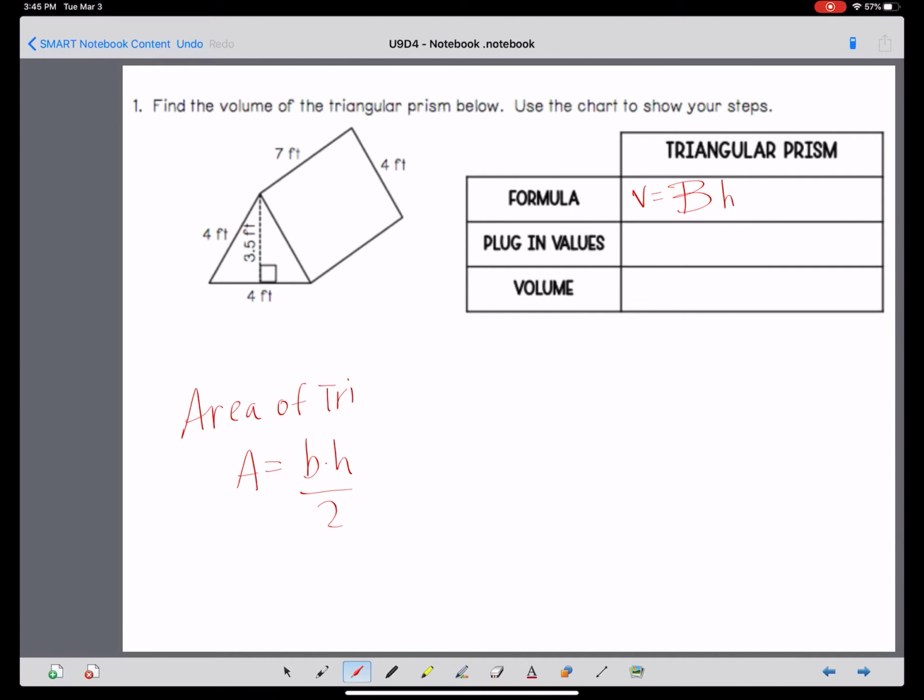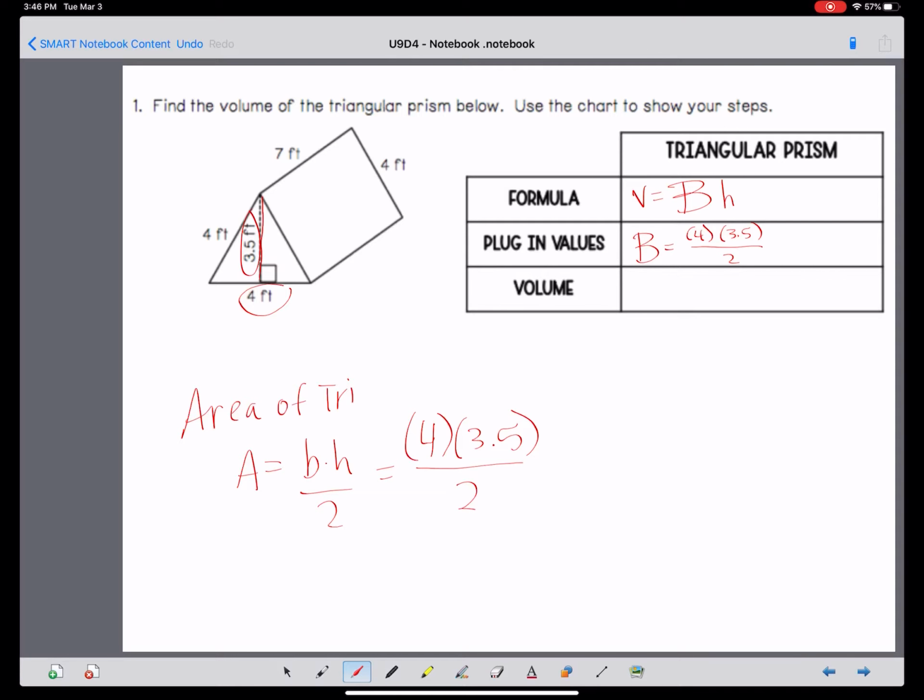Our base is going to be 4, and the height of the triangle is 3.5. So 4 times 3.5 divided by 2, that's going to give us the area of the base.